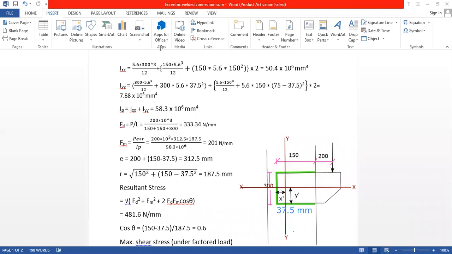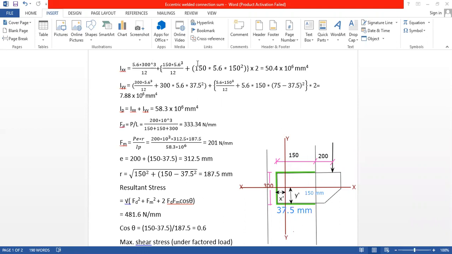I will just decrease the size of my font. Okay, the y dashed value came as 150 mm. Since the welding is symmetric about this x axis, y dashed is 150 mm, which is equal to 300 by 2. Now we should calculate Ixx.